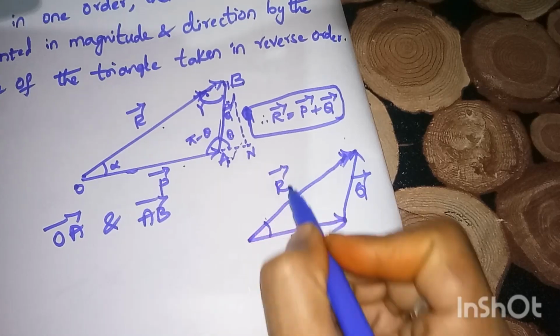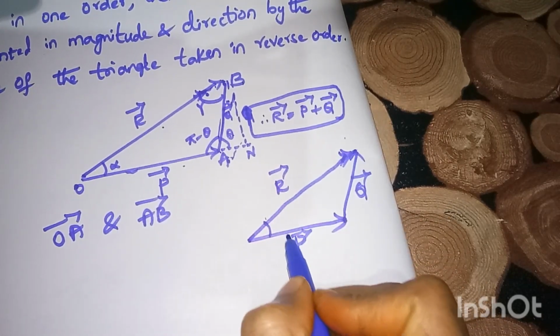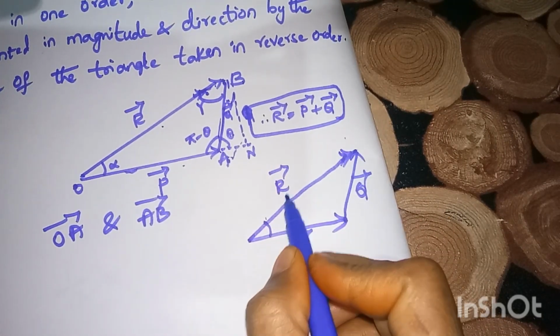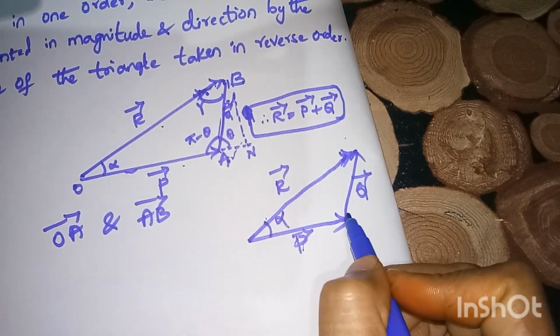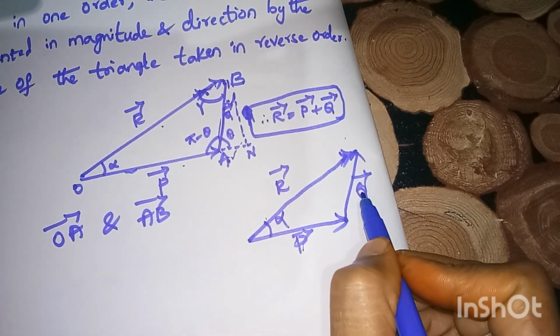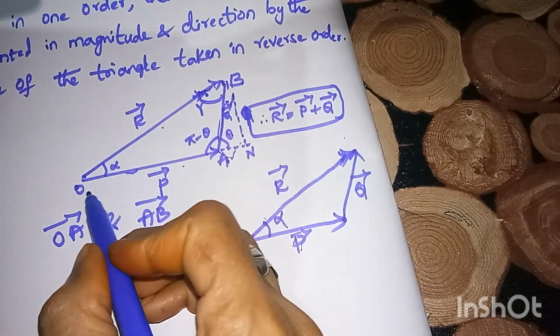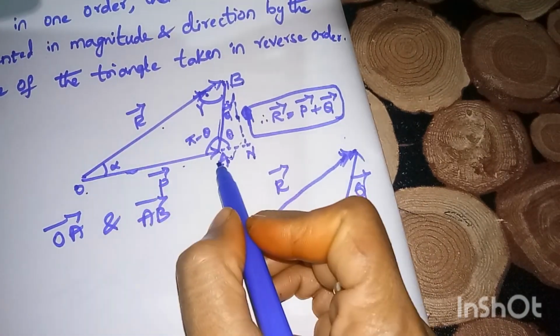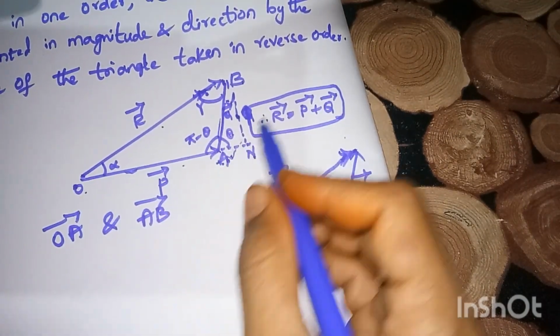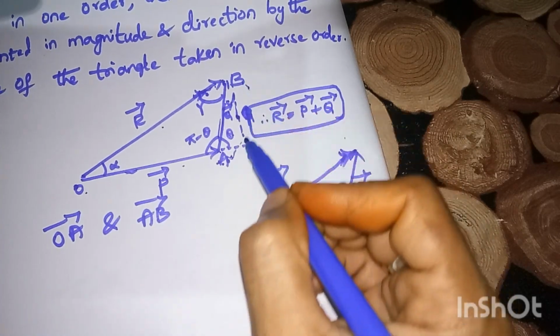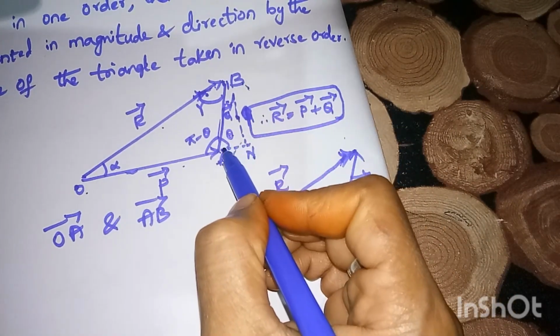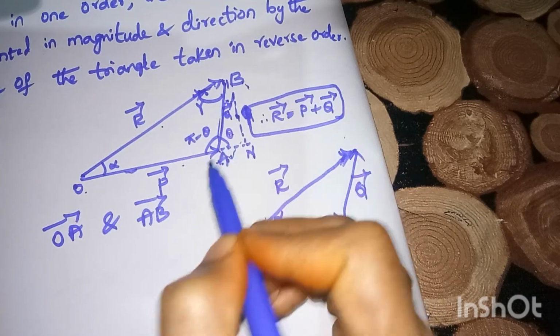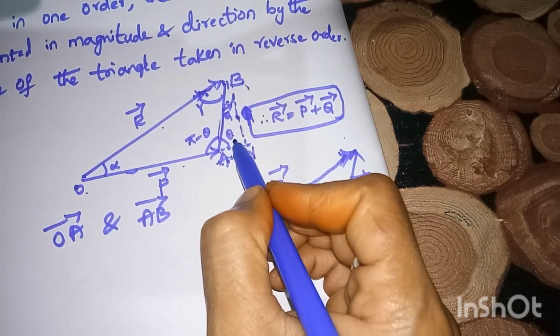But here the angle happened between the first vector and the resultant, that is alpha. To form the angle between the first vector and second vector, we are extending the line OA to N and drawing a vertical line from B to N. Here you can observe that the two initial points are connected. So that is the angle theta.